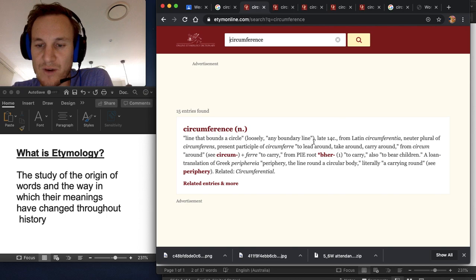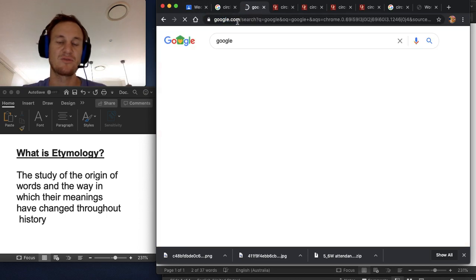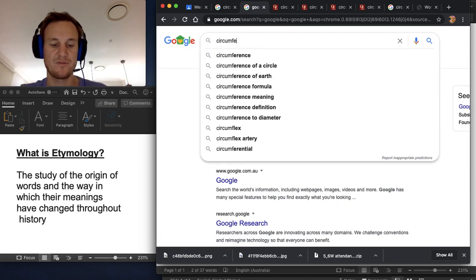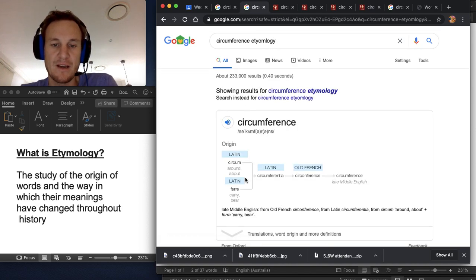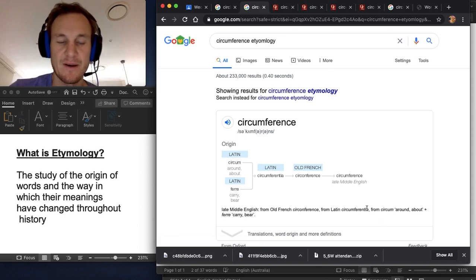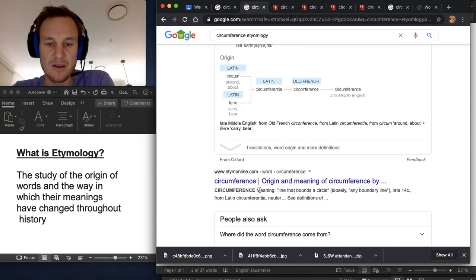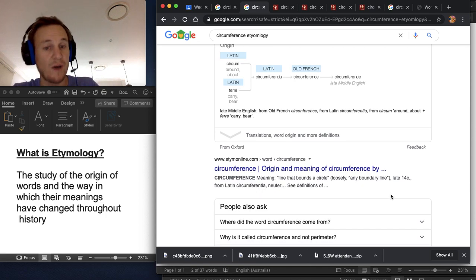I'm just trying to figure out a way that would be easier for you guys to understand. So let me go to Google and see what Google says for circumference etymology. Okay, so it's a roundabout carrying something. Circumference comes from the idea of roundabout. A line that bounds a circle, loosely any boundary, so the whole way around a circle.